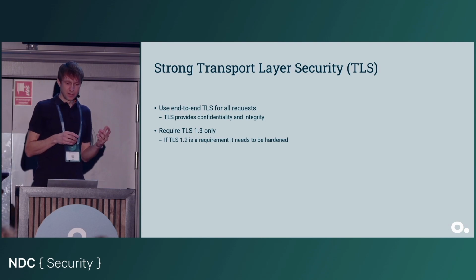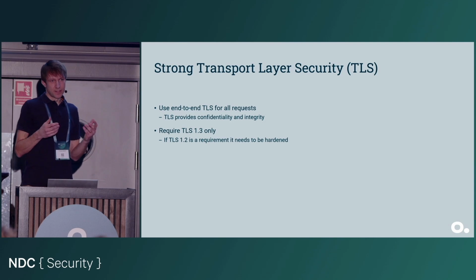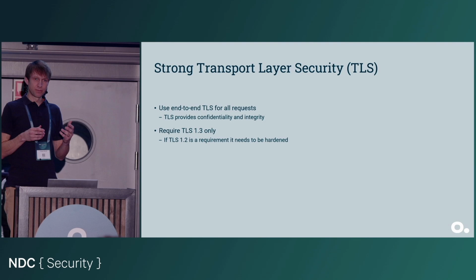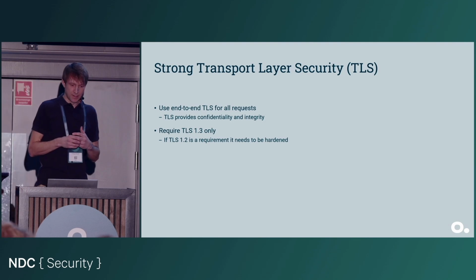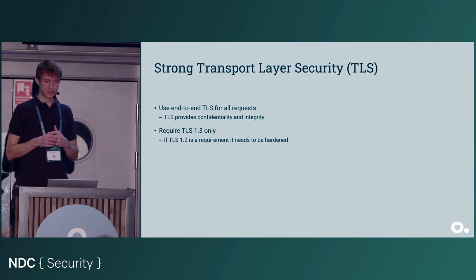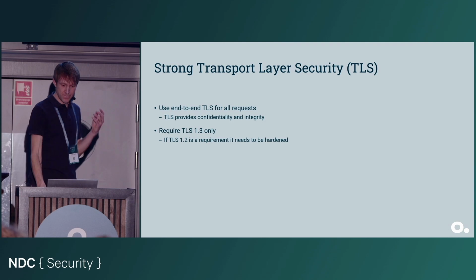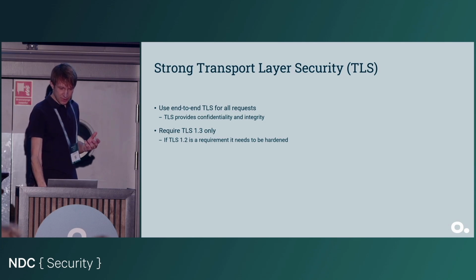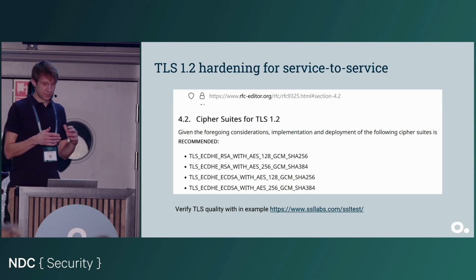For system integrations, today it's quite possible that you can require TLS 1.3 only. And if you do need to support 1.2 for legacy reasons, which is quite common, then it needs to be hardened, and there are good guides for that. For system integrations, where no humans are involved, just machine to machine, it can be restricted to just 4 ciphers.